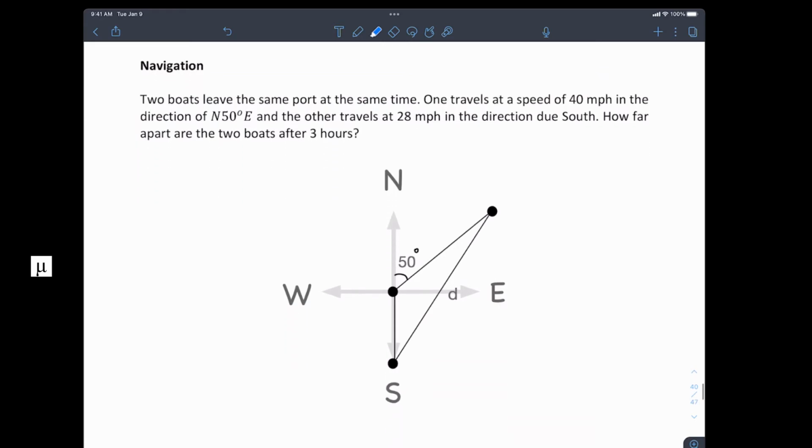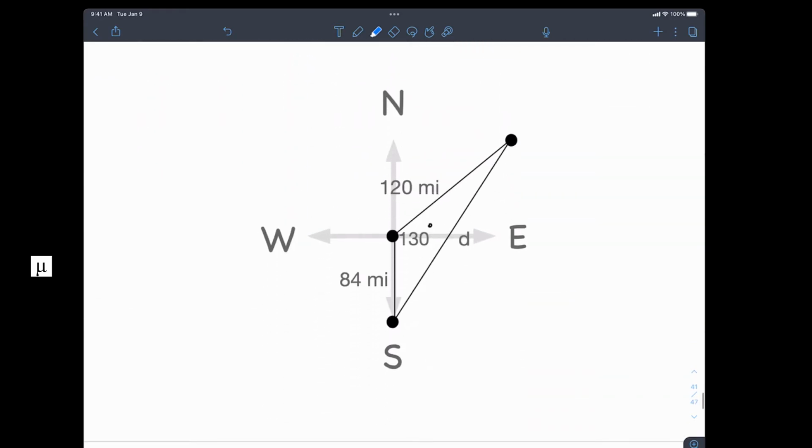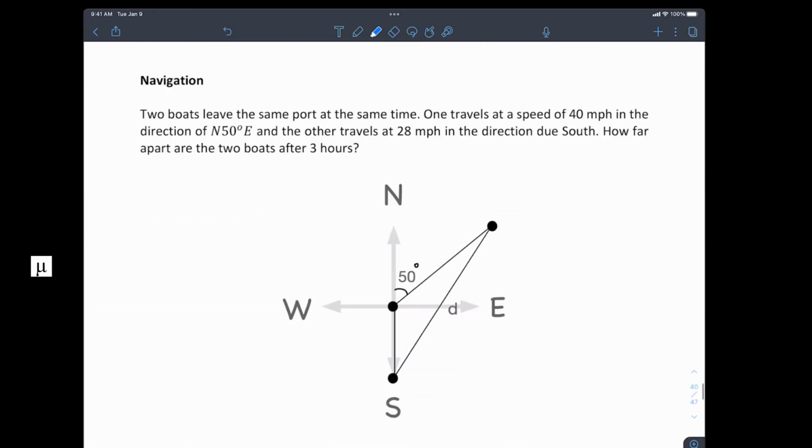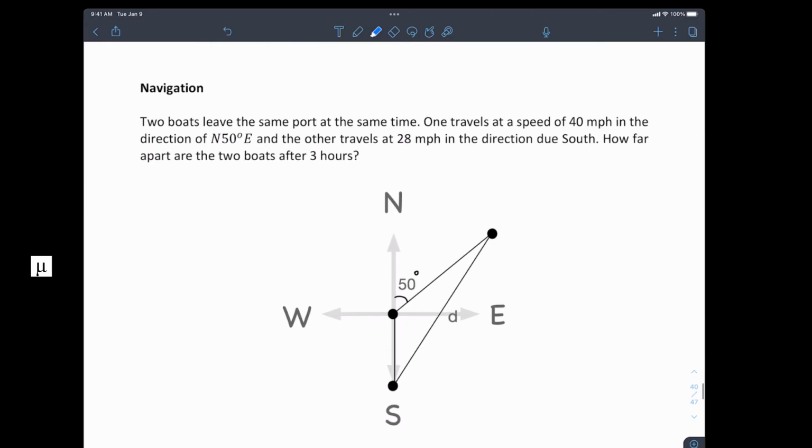And now we have another kind of question. These are good questions here. Another navigation. It's similar. Two boats leave the same port at the same time. Isn't that port P?